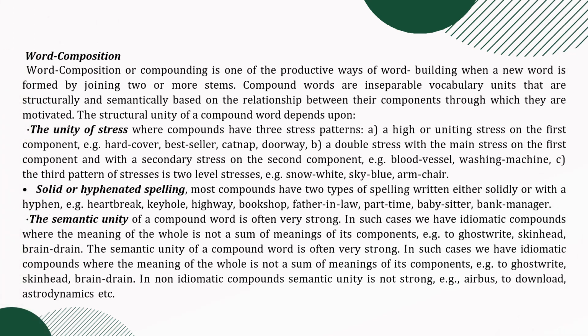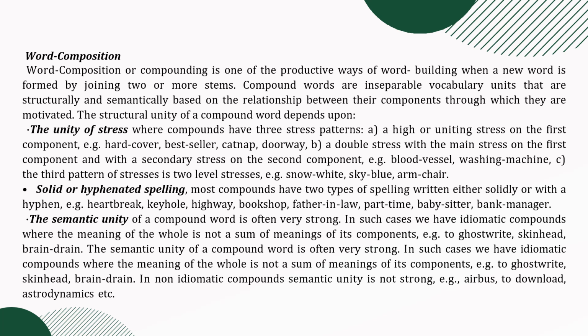Word composition or compounding is one of the productive ways of word building when a new word is formed by joining two or more stems. Compound words are inseparable vocabulary units that are structurally and semantically based on the relationship between their components through which they are motivated.